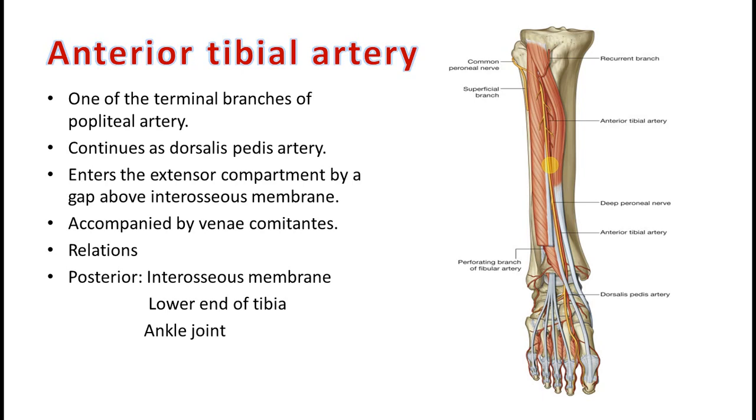The artery of the extensor compartment is the anterior tibial artery, a branch of the popliteal artery. The popliteal artery divides into the anterior tibial and posterior tibial arteries. The anterior tibial artery pierces the tibialis posterior muscle and then enters the extensor compartment through a gap in the interosseous membrane.